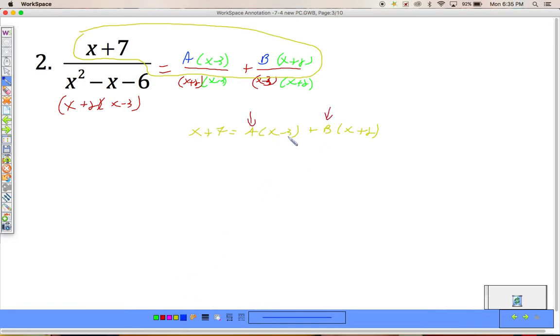To be able to solve for a, I need to get rid of all these x's and the b. So I'm going to pick a couple values of x. The values of x I'm going to pick are the zeros, so I'm going to pick -2 and +3. I'm going to put -2 in all these x's.